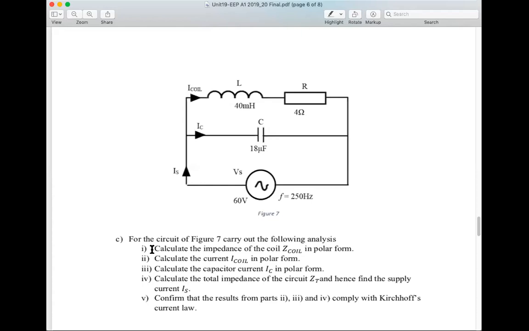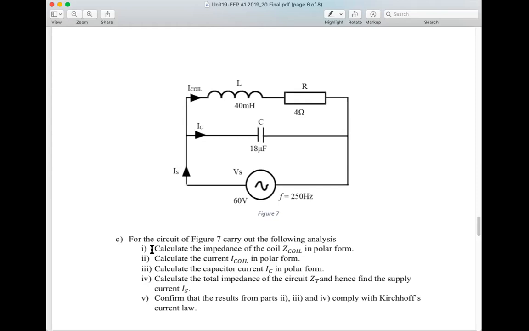Well, the steps that I've given you from 1 to 5, I to V, actually take you through what you need to do in a way, because the first thing you've got to do is try and calculate at least one of those currents. Now you can calculate the impedance of the coil, which is the resistance and the inductive reactance added together, but they're going to be complex, aren't they?